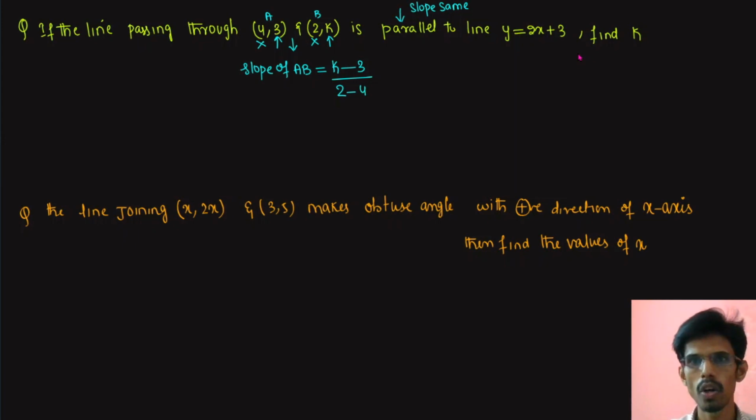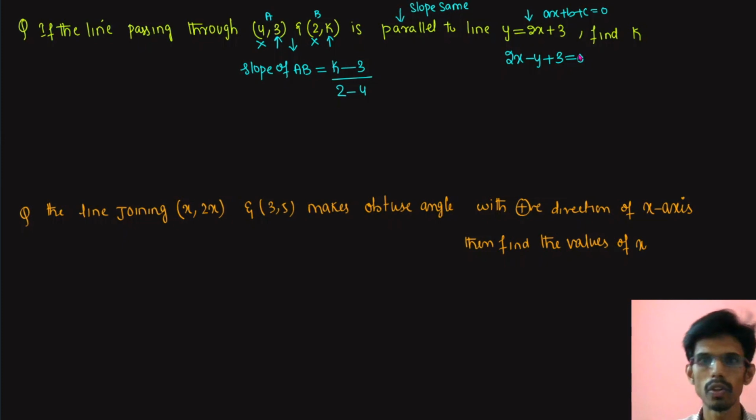Here this is not in standard form. Standard form is ax plus by plus c equal to 0. So this line will become 2x minus y plus 3 equal to 0. Now this is in the standard form. Here A is 2, B is minus 1, C is 3. So slope here will be equal to minus coefficient of x by coefficient of y, that is minus 2 by minus 1. So here I will get 2.